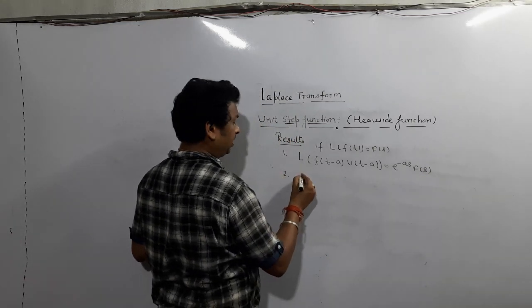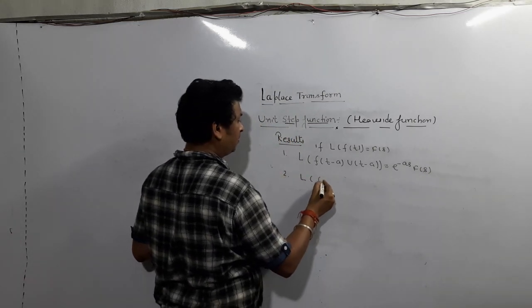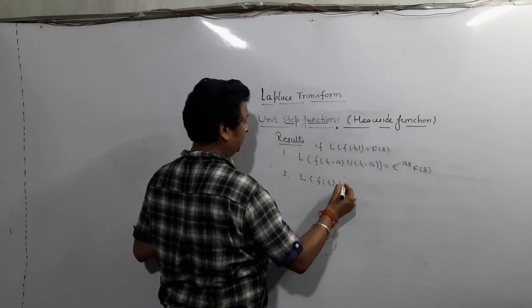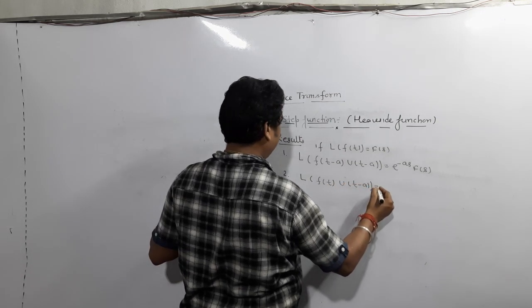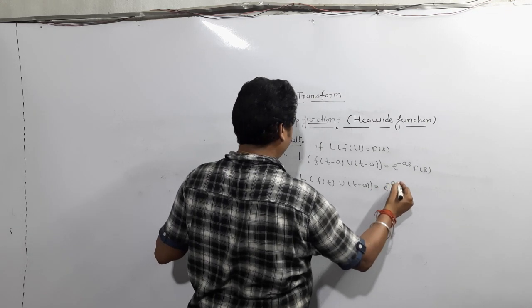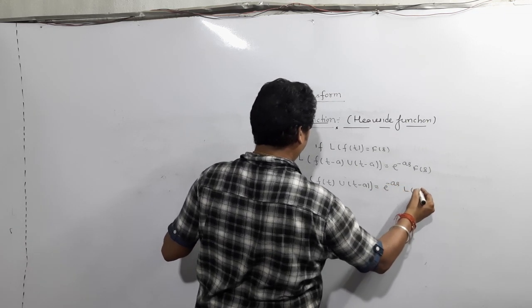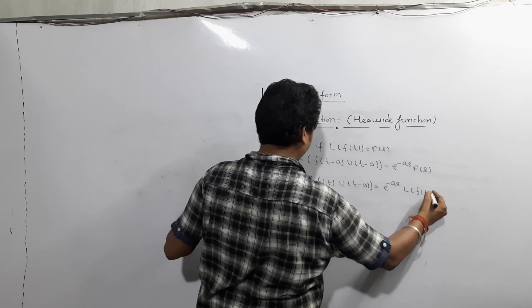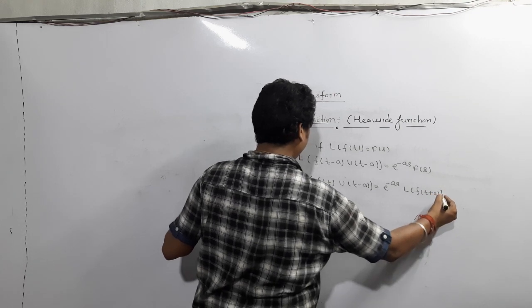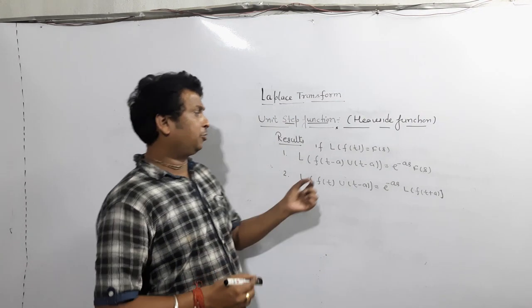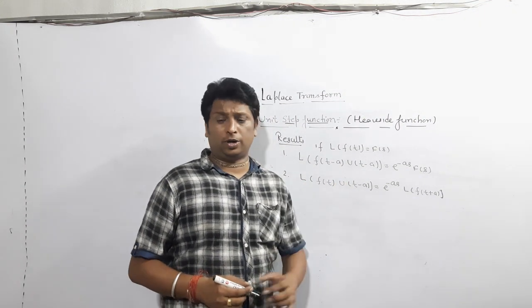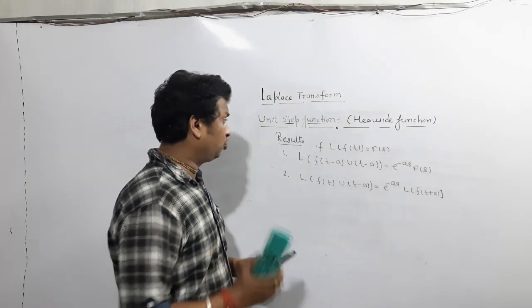And the second property is the Laplace of f(t) u(t minus a) is e to the power minus as times the Laplace of f(t plus a). So these two properties will play a very important role when we solve the next question.